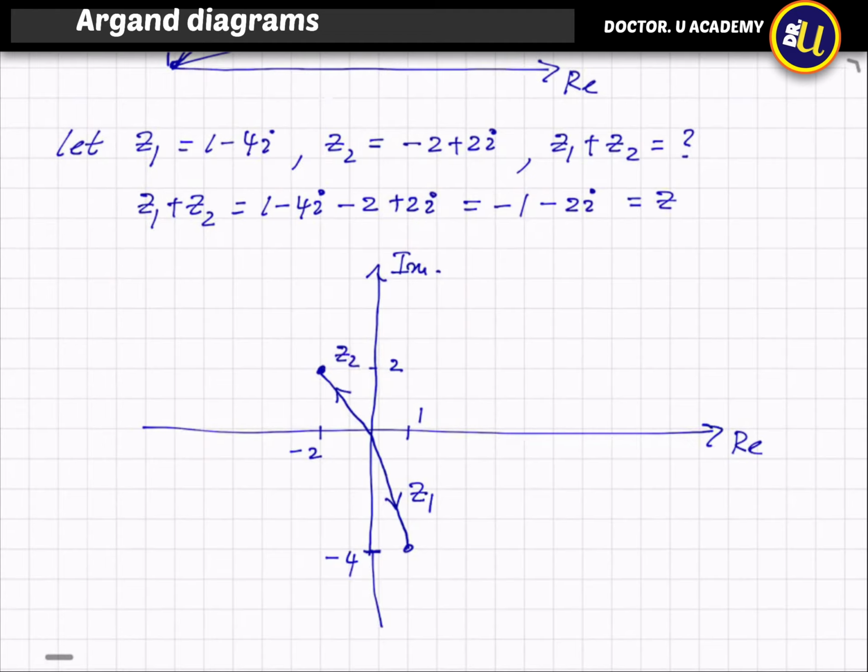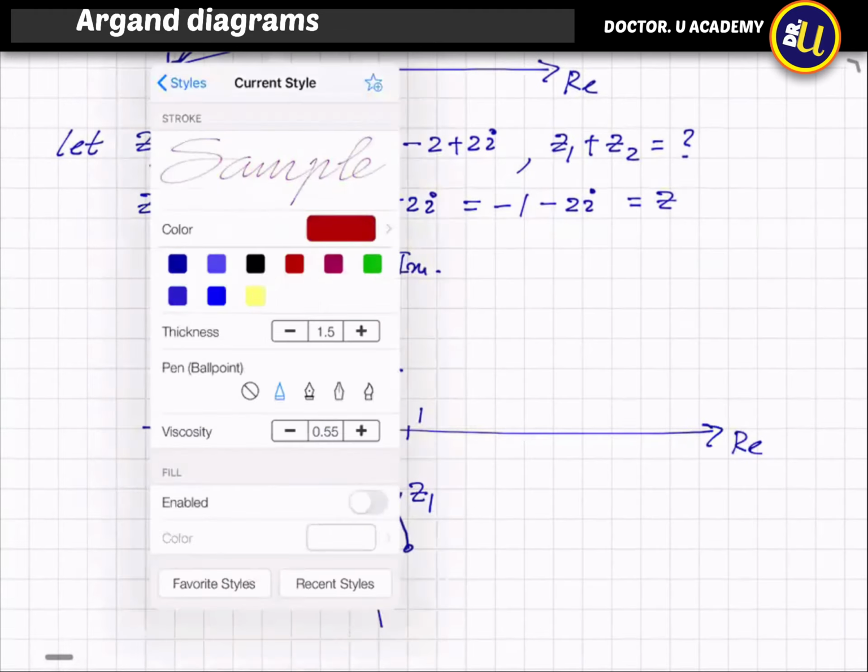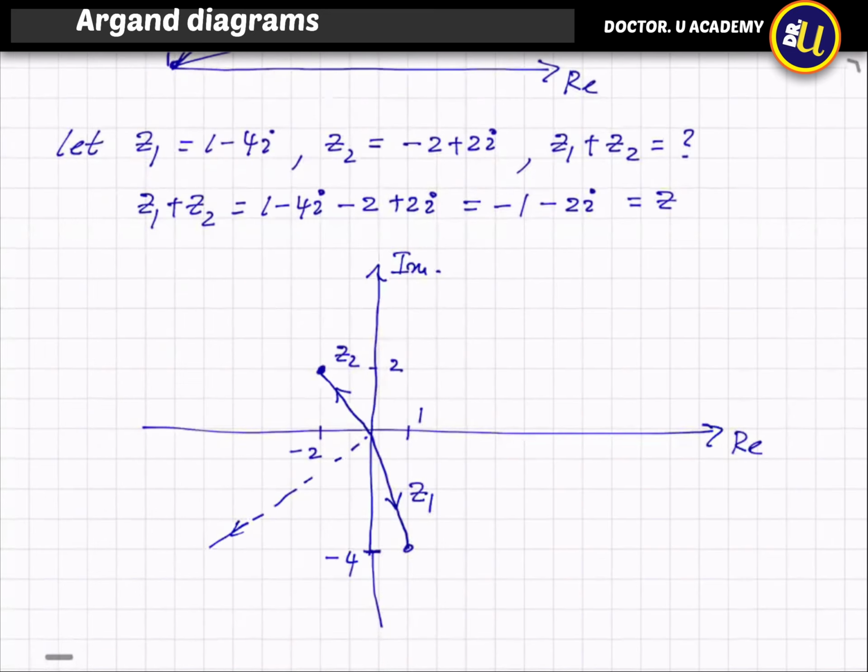Now as you know, where is the resultant? The resultant should be somewhere here. Now we will check where the resultant is. The resultant is at minus 1 on the real axis and minus 2i on the imaginary axis, so it's here. The resultant is here.